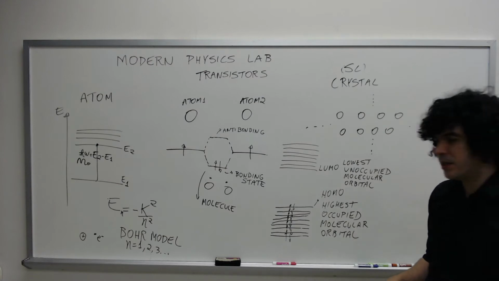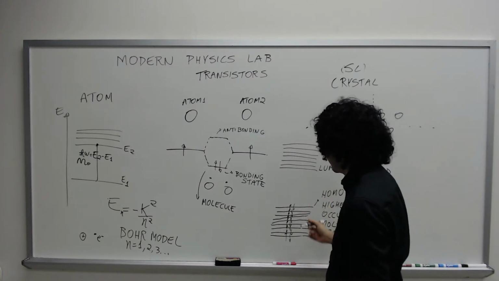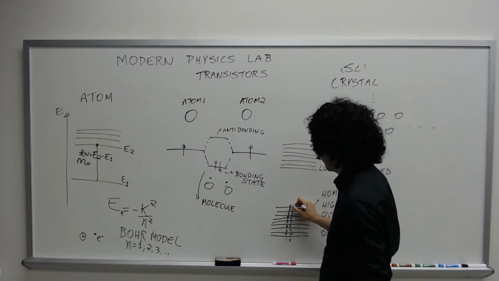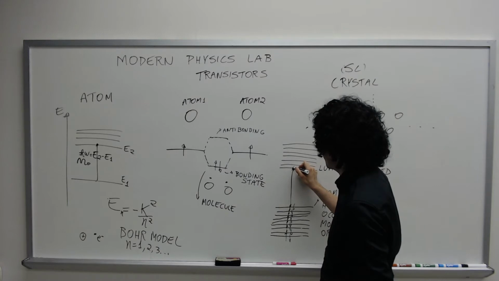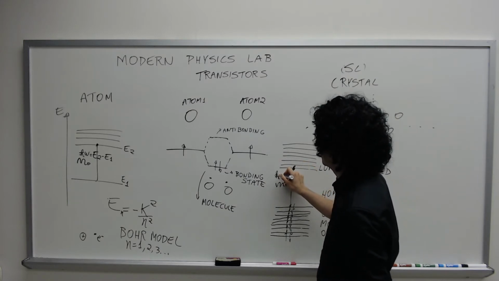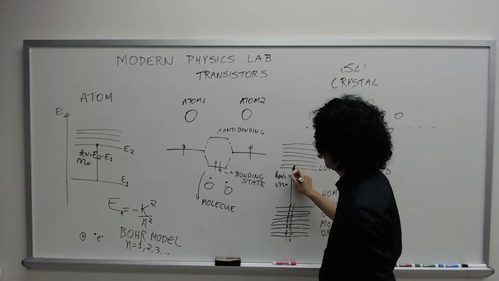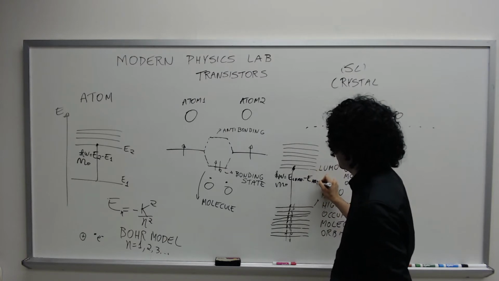And again, you can take one electron from one of these states. For example, you can take one electron from the HOMO to the LUMO and excite it by absorption of a photon, whose energy is the energy of the LUMO minus the energy of the HOMO.